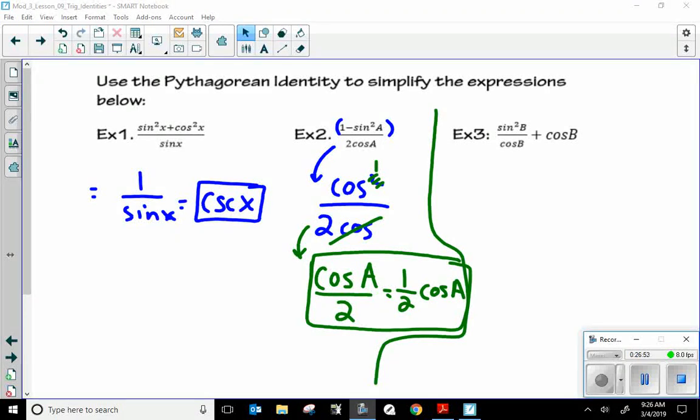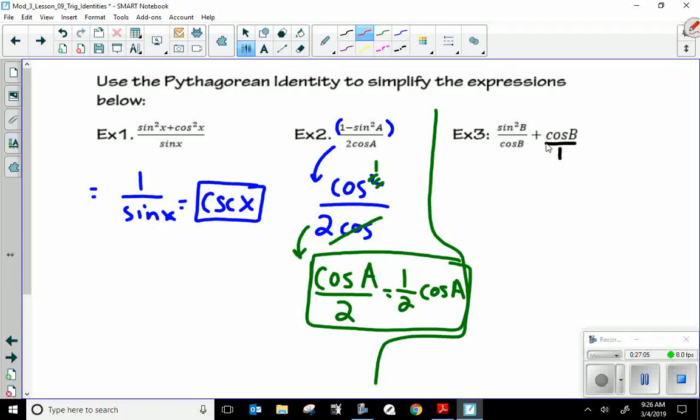And last but not least, example 3. Sine squared of b over cosine plus cosine of b. Technically, this cosine of b is over 1. If I could combine those two fractions into 1, that would make life easier. Also I see a sine squared, and there's no way I can get a sine on the bottom to cancel with that.